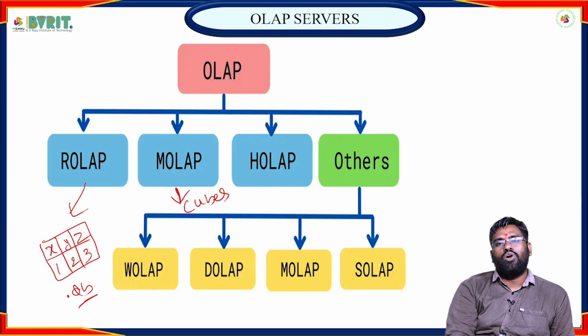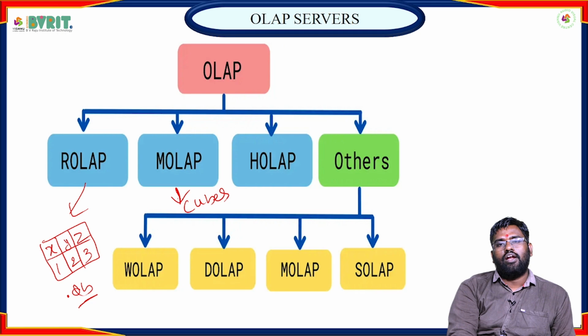Coming to the next one, the other types. WOLAP means web OLAP. The data is collected from the web, from different types of online web sources. That is web OLAP. And next, DOLAP, dynamic OLAP, is used to collect whatever dynamic data we collect from the given websites. That dynamic online analytical processing data will be there. And next one, MOLAP means multi-dimensional online analytical processing.